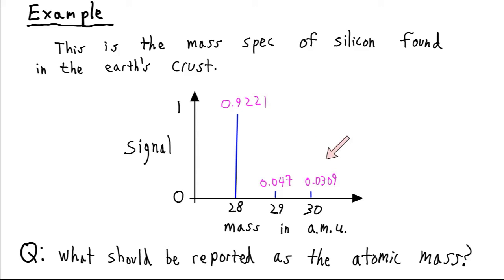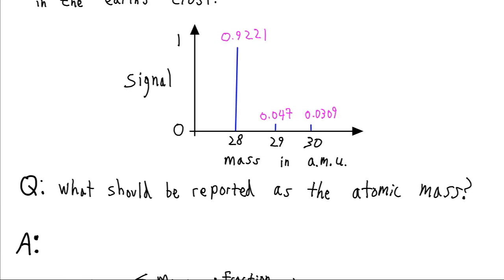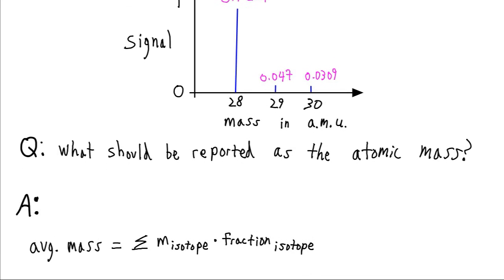If we get a number that's more than 30 or less than 28, we know we made a mistake in our mathematics. Also, since by far the largest quantity is the mass of 28 AMU, we expect the average to be much closer to 28 than it is to 30. So let's see if we work it out and get something that satisfies those constraints.